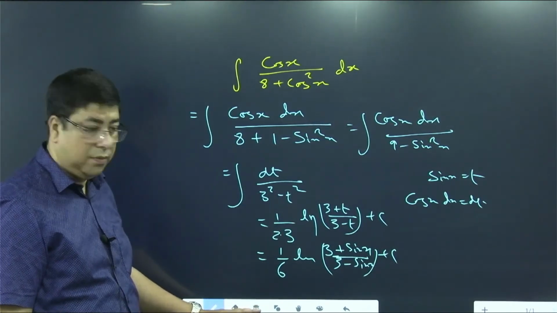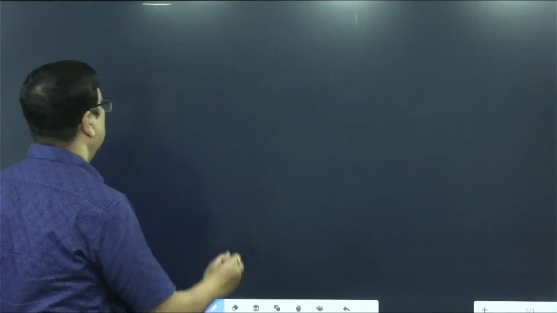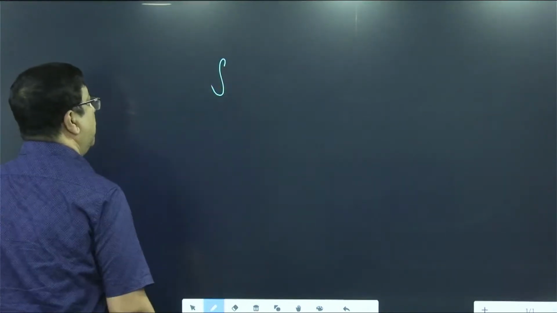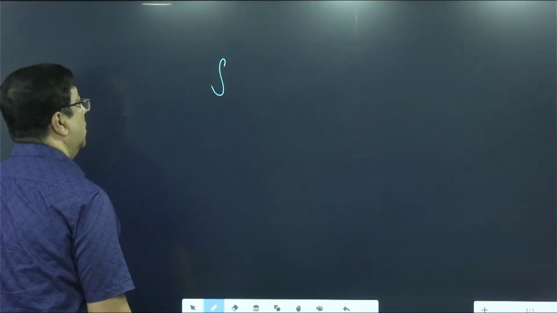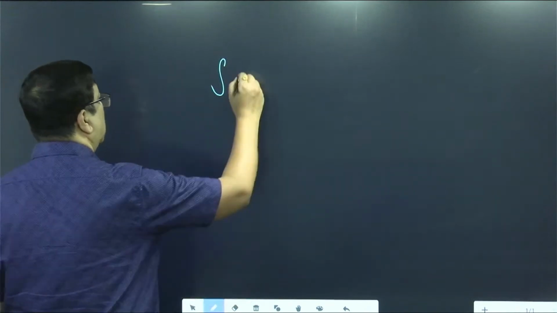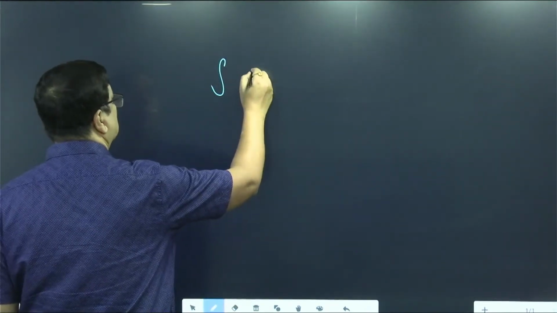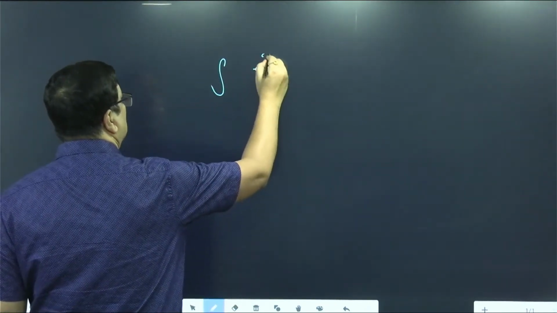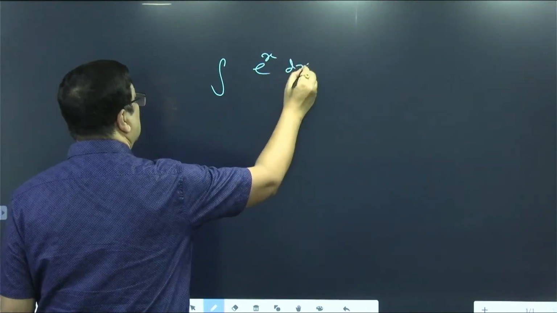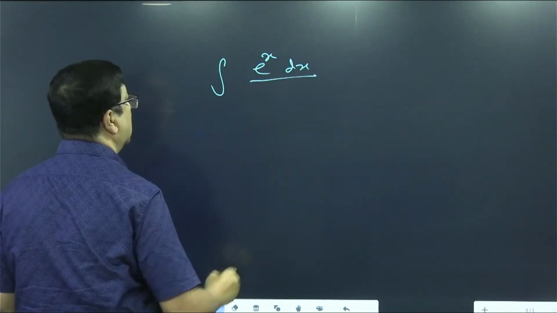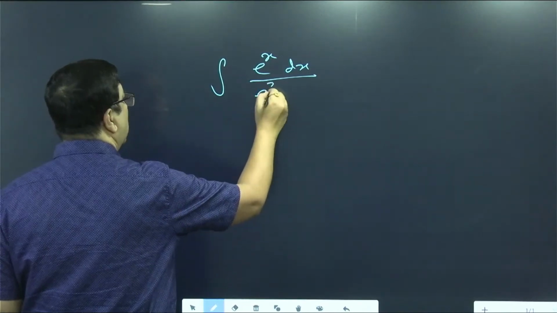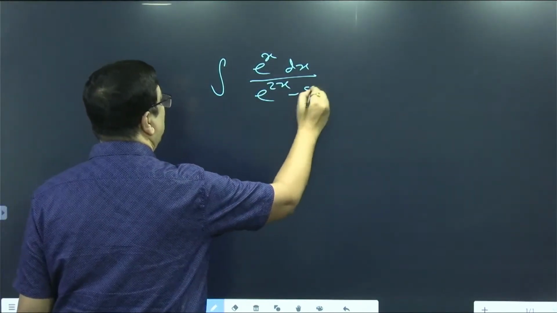Okay, I am changing. Integration of e to the power x dx by e to the power 2x minus 5.